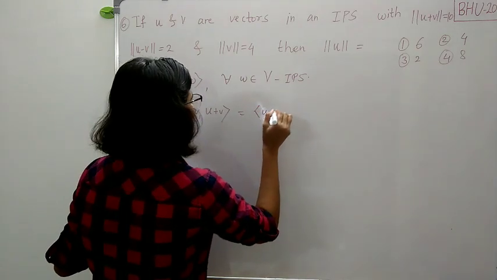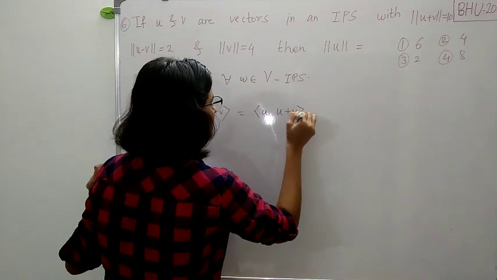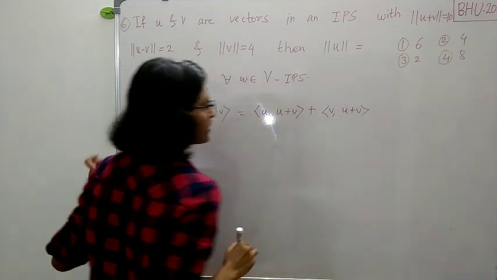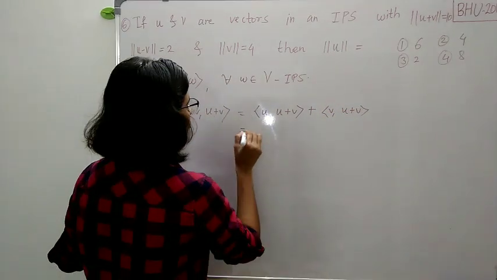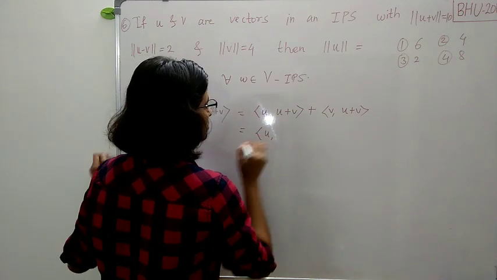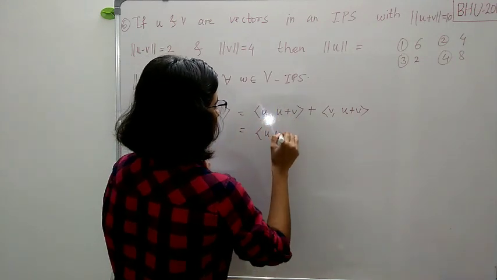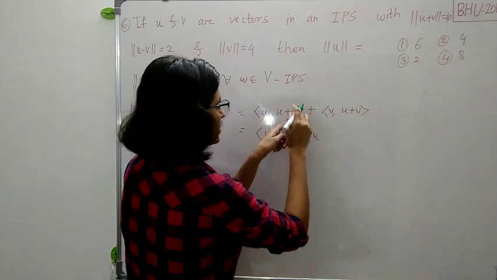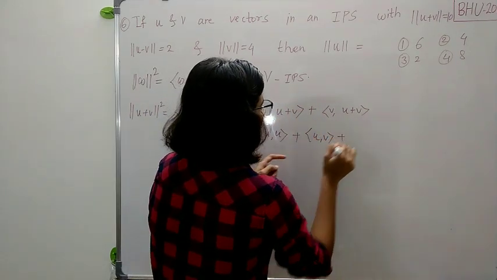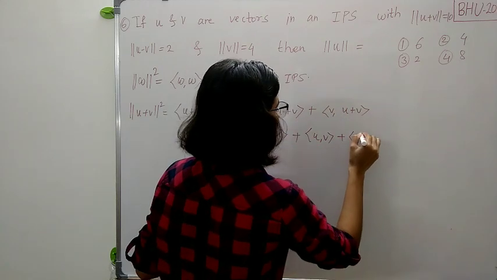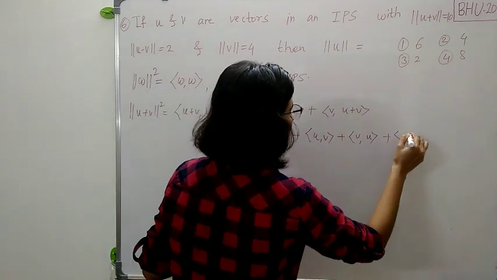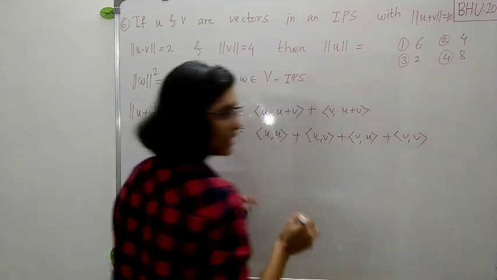So this is just the inner product of u plus v with u plus v, right? So we can write this as the inner product of u with u, then plus the inner product of u with v, then v with u, and lastly the inner product of v with v, right?